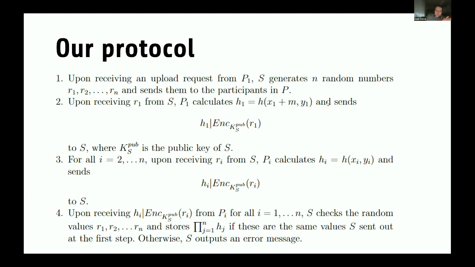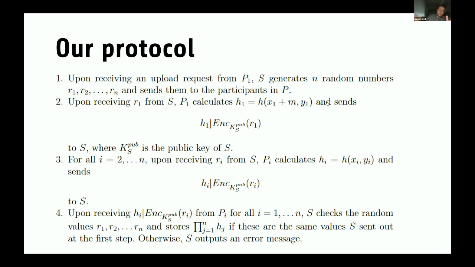And if the server receives a hash value and an encrypted random number from the participants, then the server checks the random values together, R1, R2, Rn, and if they match the random numbers he sent out in the first step, then the server stores the multiplication of these hash values.